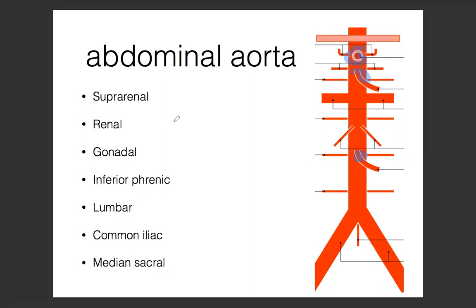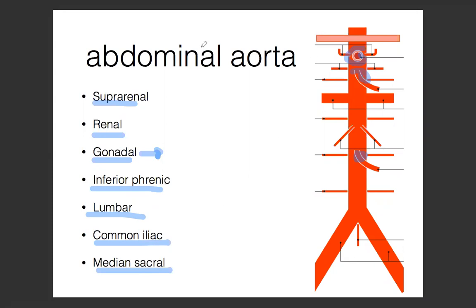It also gives us other very important branches: the suprarenal and renal, the gonadal, which is testicular in males and ovarian in females, the inferior phrenic, which are under the diaphragm and supply the diaphragm, the lumbar, the common iliac, and the median sacral.